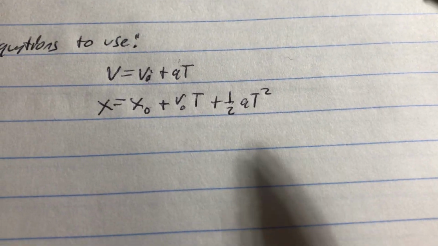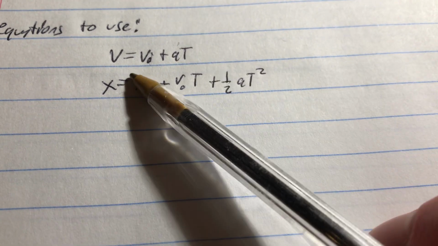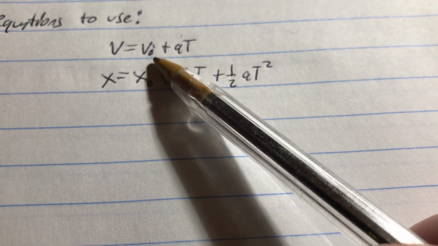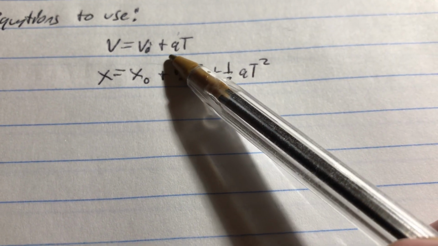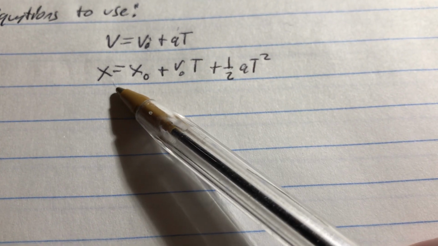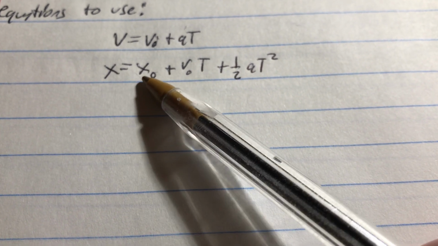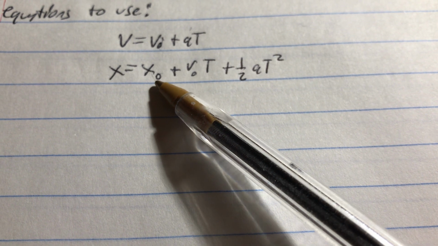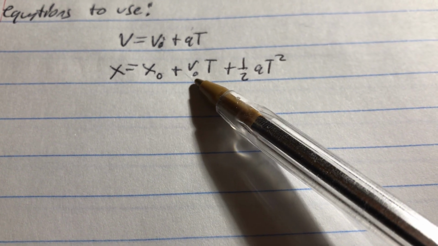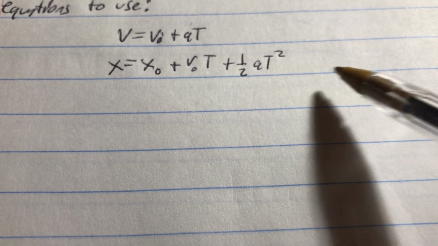The two equations we're going to use in this problem are v final equals v naught, v initial, plus at, and position x equals initial position x naught plus initial velocity v naught times t plus 1/2 at squared.